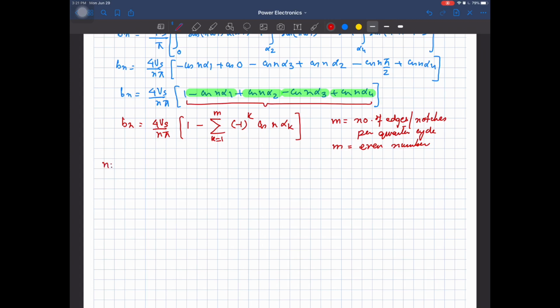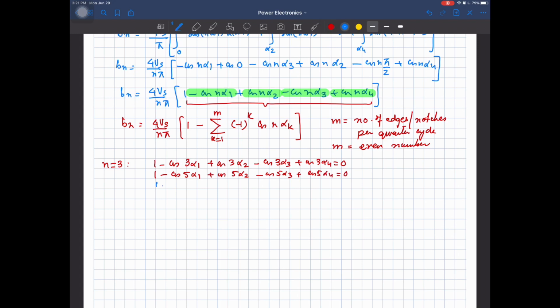So for n equal to 3, I can write 1 minus cos 3 alpha 1 plus cos 3 alpha 2 minus cos 3 alpha 3 plus cos 3 alpha 4, equal to 0. For the fifth harmonic, 1 minus cos 5 alpha 1 plus cos 5 alpha 2 minus cos 5 alpha 3 plus cos 5 alpha 4, equal to 0.